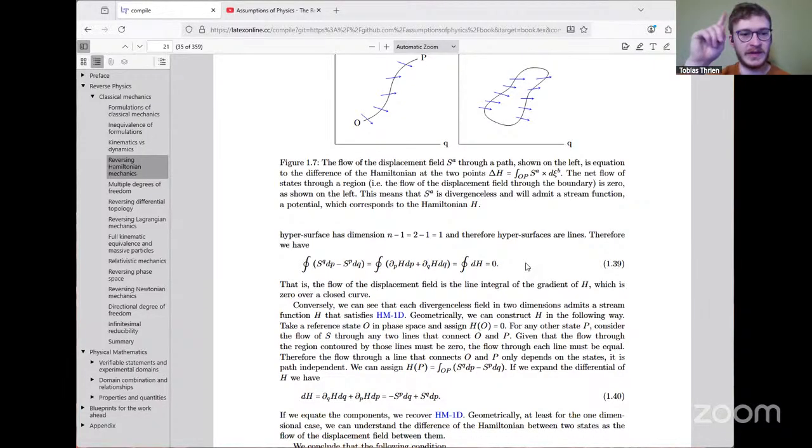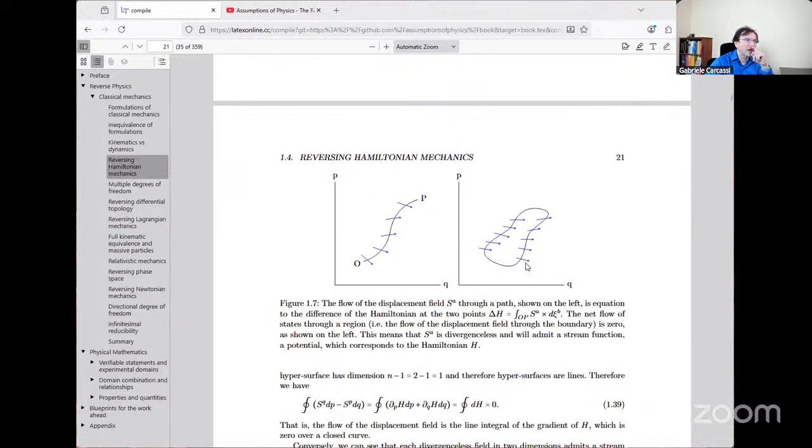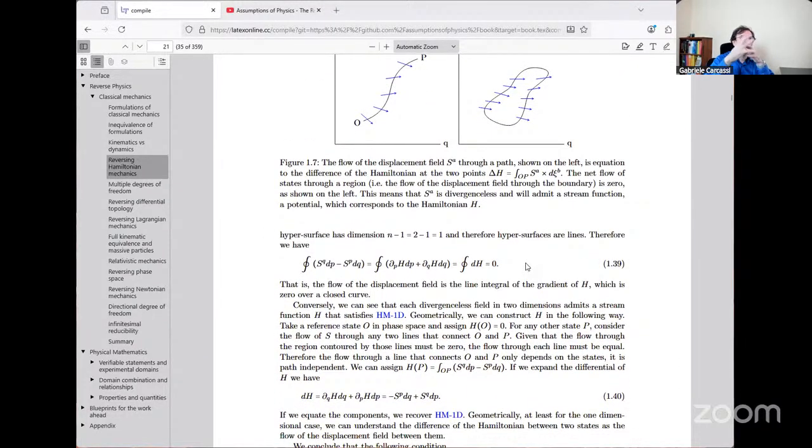And this combination of SQ minus SPdq, that is the curl. No, it's like the vector product. So when you're calculating the flow of a field through a surface, you have the vector product between the surface element and the vector field, right? Because you're looking at something that is perpendicular.